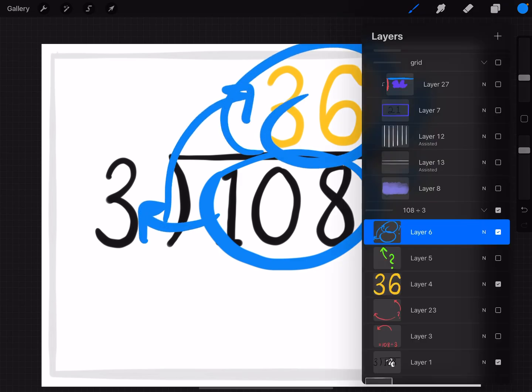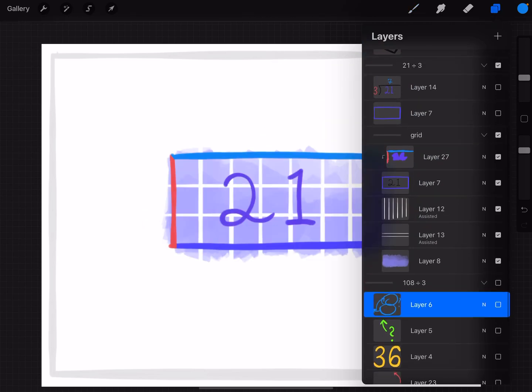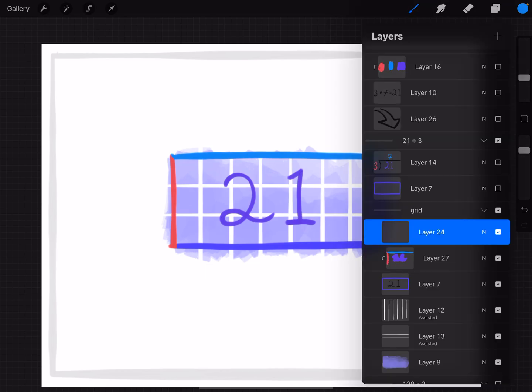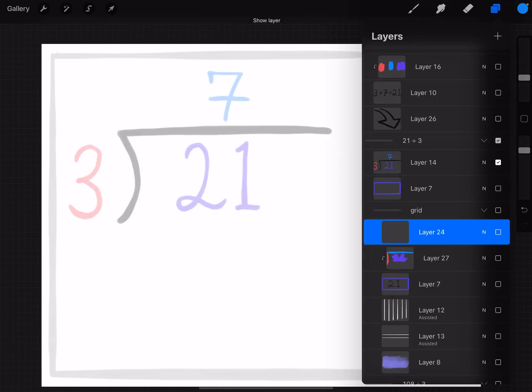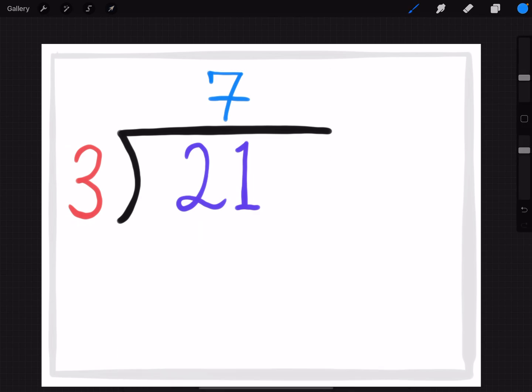Okay, I hope the clues were helpful to you, but let's find out. So one of the clues was that I gave you this, where I said, here are some: 21 divided by 3 equals 7. And I put these special colors in.